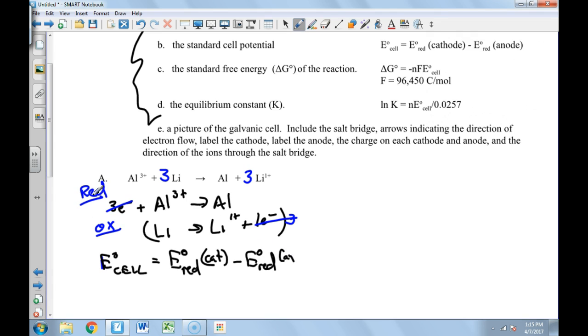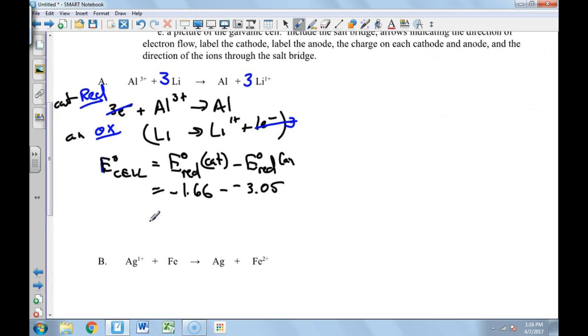And so remember, it's a red cat, an ox. So the cathode is aluminum, so that was negative 1.66 minus a negative 3.05. And so when we did that, we get that the cell potential equals 1.39 volts. I need the calculator to do that one.